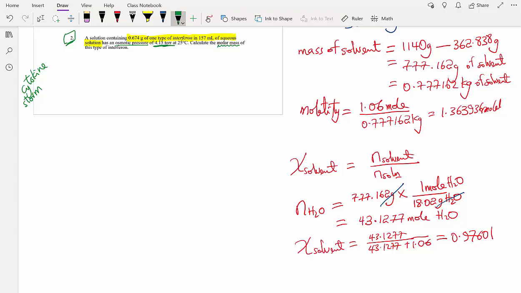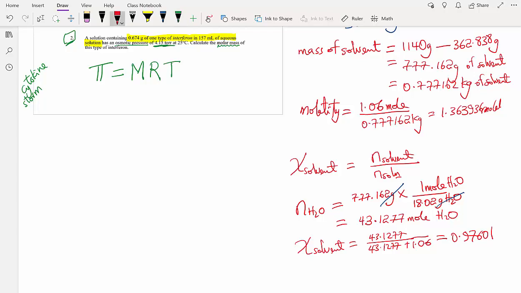Osmotic pressure is another colligative property, and the relationship between osmotic pressure and molarity is given as osmotic pressure equals the molarity of a solution multiplied by the molar gas constant multiplied by the temperature in Kelvin.